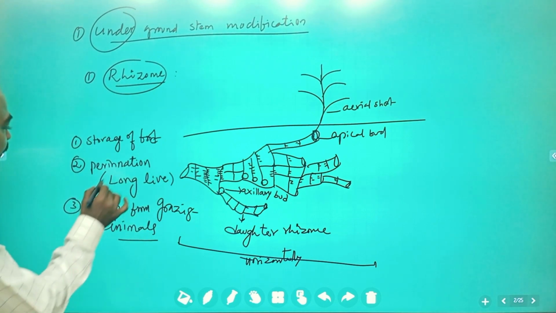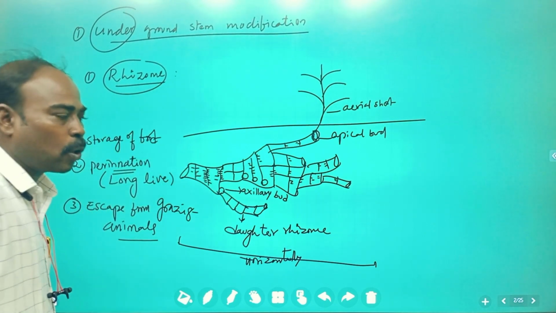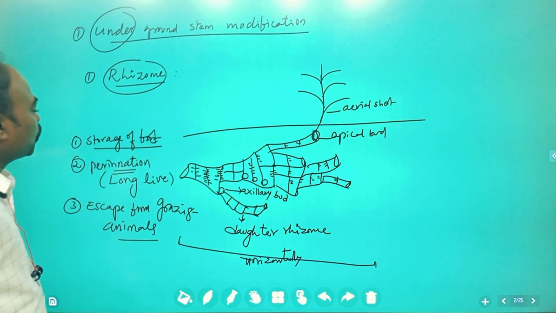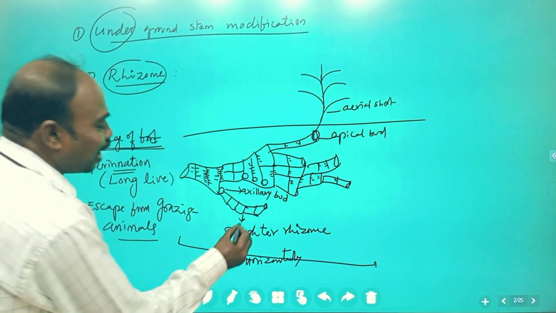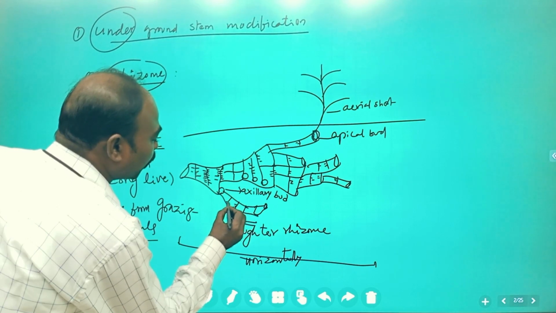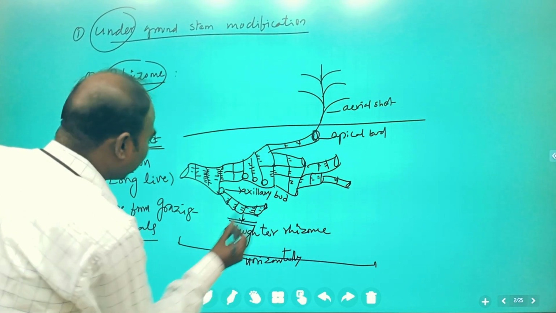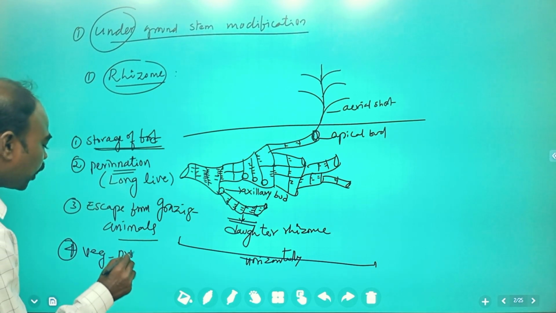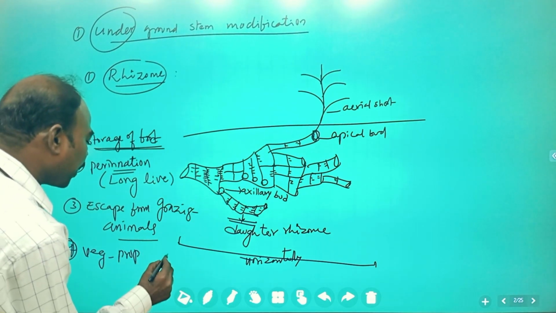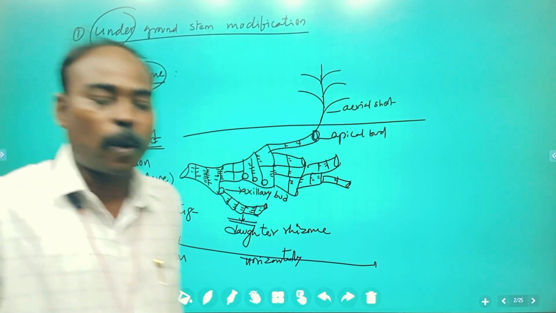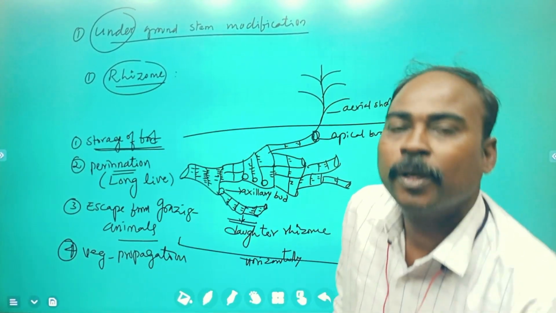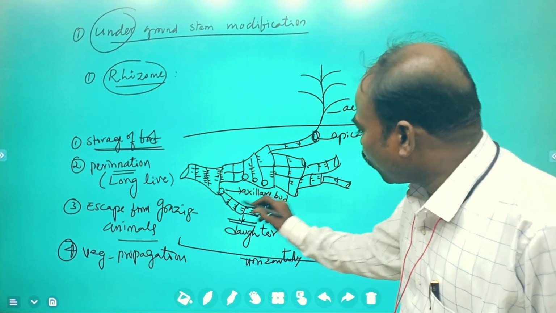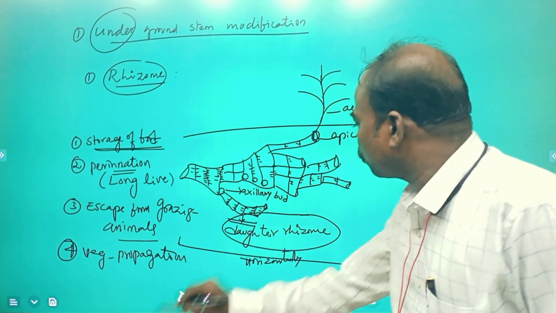They tide over drought, since without water they can grow continuously for long periods. They are useful for storage of food, and they are also capable of producing daughter rhizomes, which means they participate in vegetative propagation.